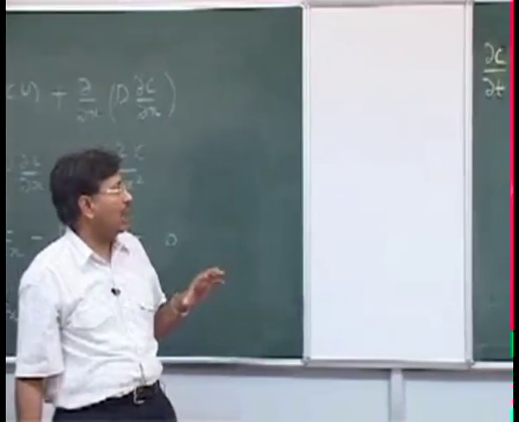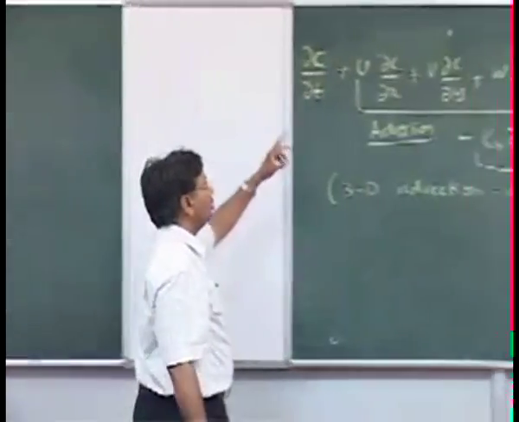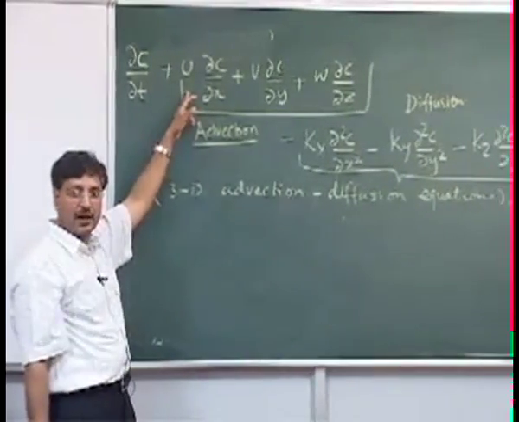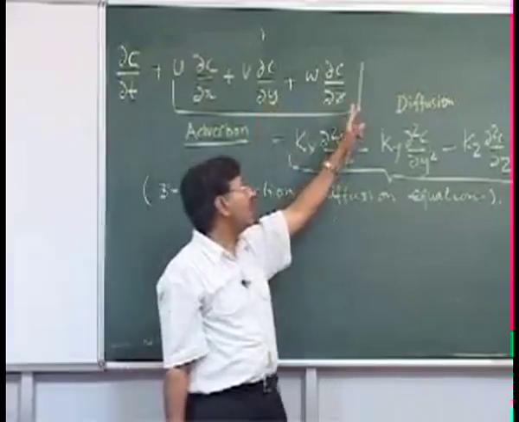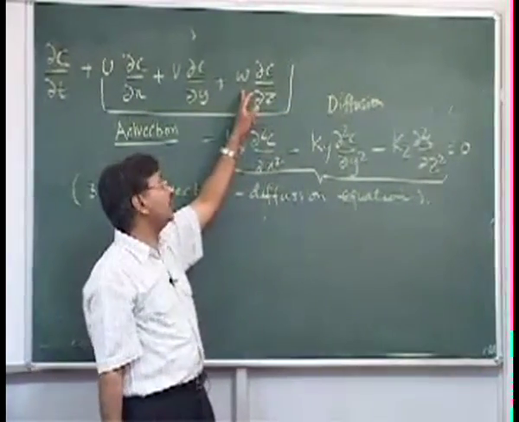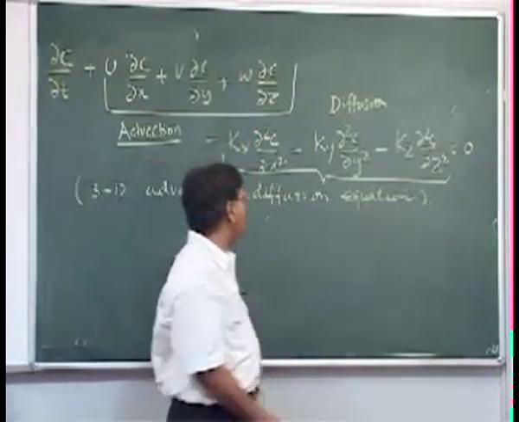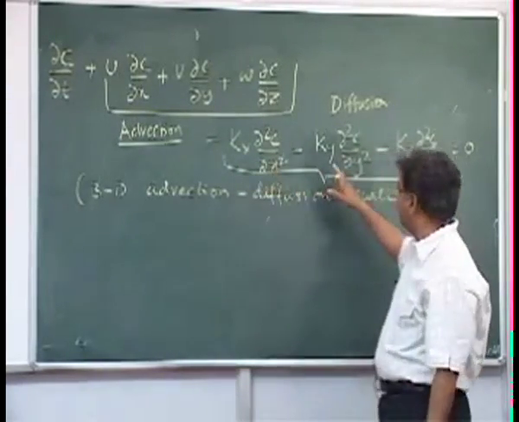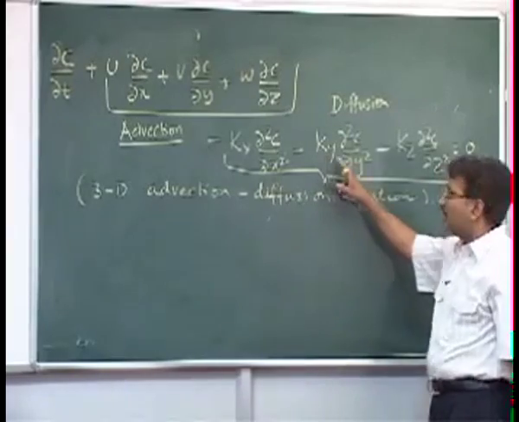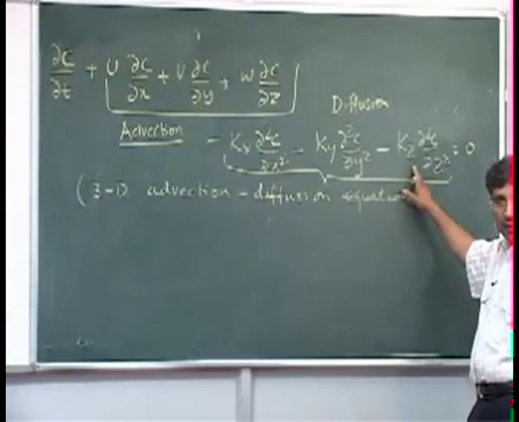Now let me explain. U is the velocity in the x direction, V is the velocity in the y direction, and W is the velocity in the Z direction. Similarly, the turbulent diffusion coefficient in the x direction, in the y direction, and in the Z direction. Clear?